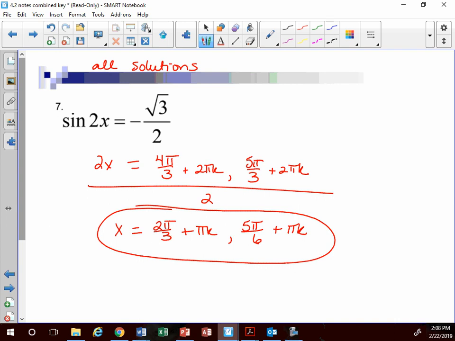What do you mean add? Like actually add these two? So this is a k. So you can't actually add them, because if we're doing all solutions, and you wanted to list them all, you would never end it.